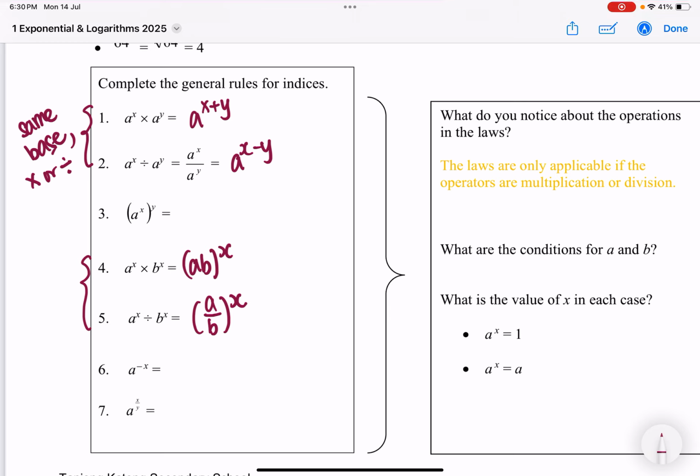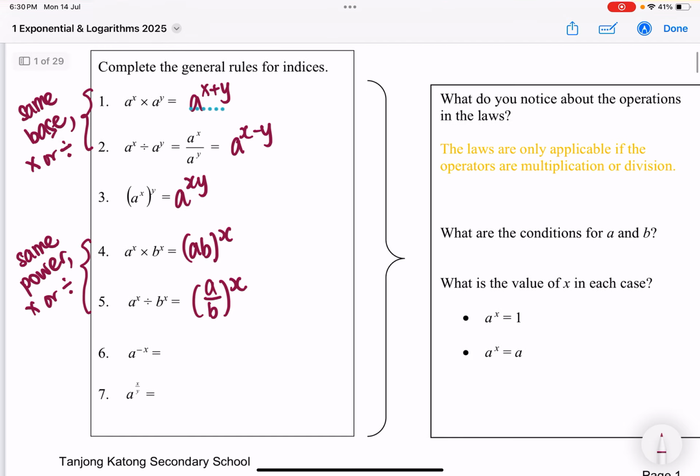For rules 4 and 5, do you see that actually the base is not the same, but the power is the same? So as long as the power is the same, and again the operation is either times or divide, that's when we apply rules 4 and 5. This categorization will be helpful later on when we are doing the questions on simplification. Of course, the other rules are also important, which you can take note of, the ones you have learned in E-math.